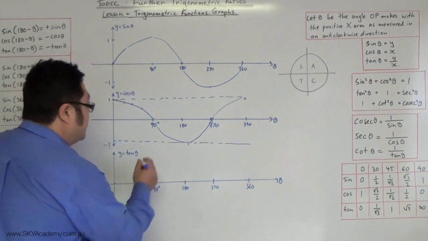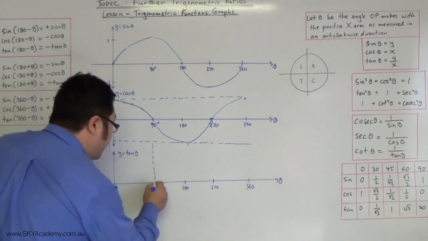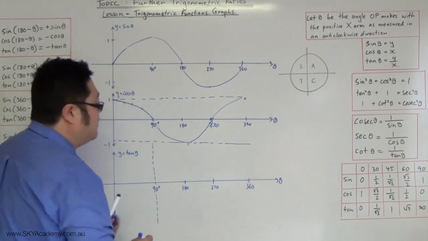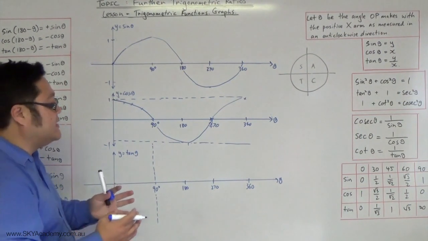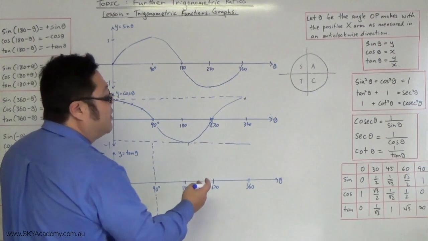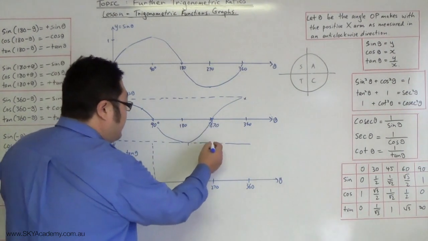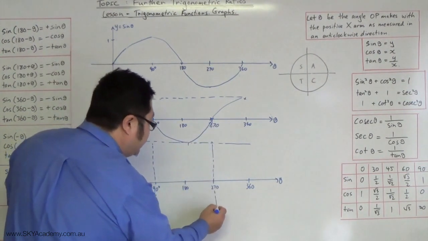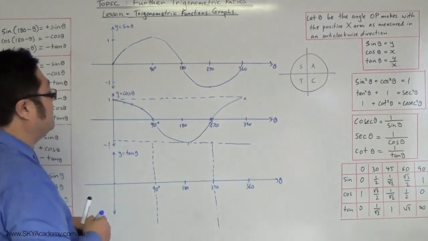So at 90 degrees, you will have what's known as an asymptote. In other words, the graph won't exist at that point. Again, at 270, you're dividing by cos, which is 0. And so there, the graph won't exist at all either.